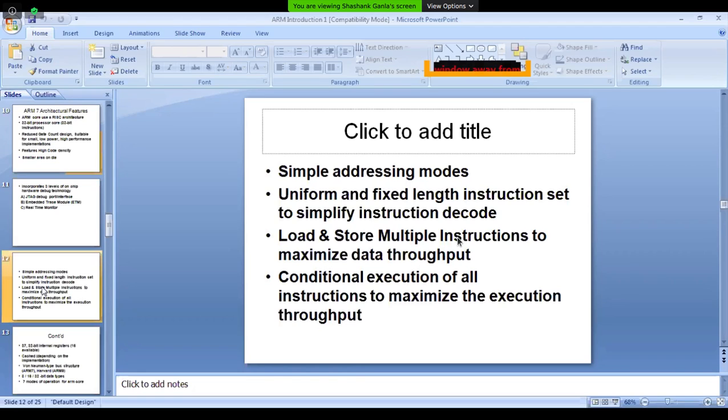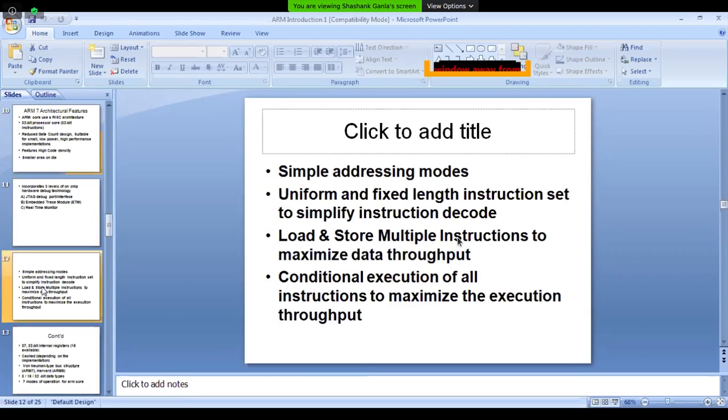The store multiple instruction is the opposite case. We can store multiple 32-bit data contents into multiple memory locations. So ARM architecture, like any other RISC architecture, supports normal load store instructions which deal with one 32-bit data unit.